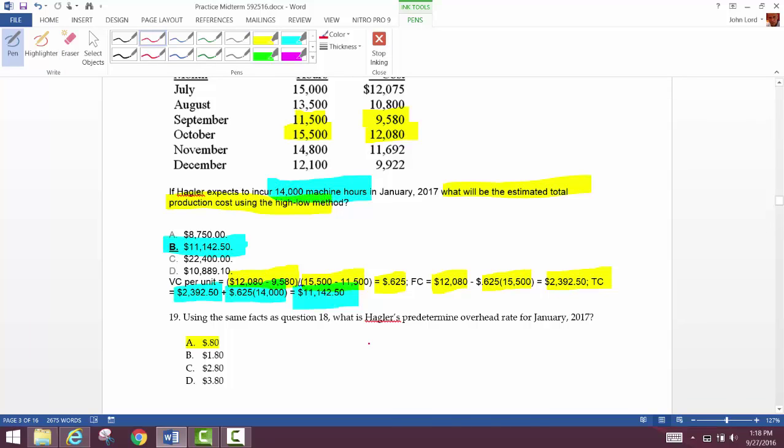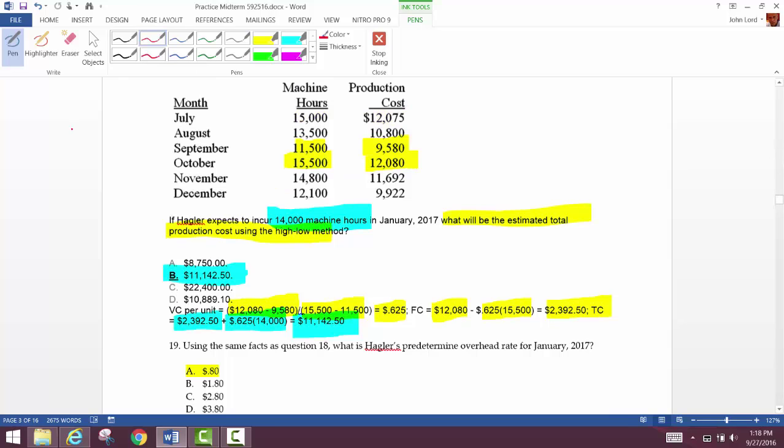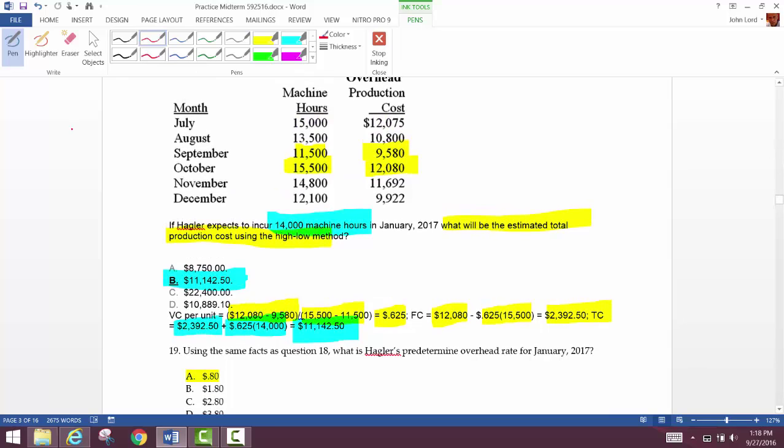Can I ask a question? Uh-huh. Is that why you're doing the 12,080 on top this time, if you're doing the cost on top? The costs are always on top versus the units. High-low method, the total costs are always on top.